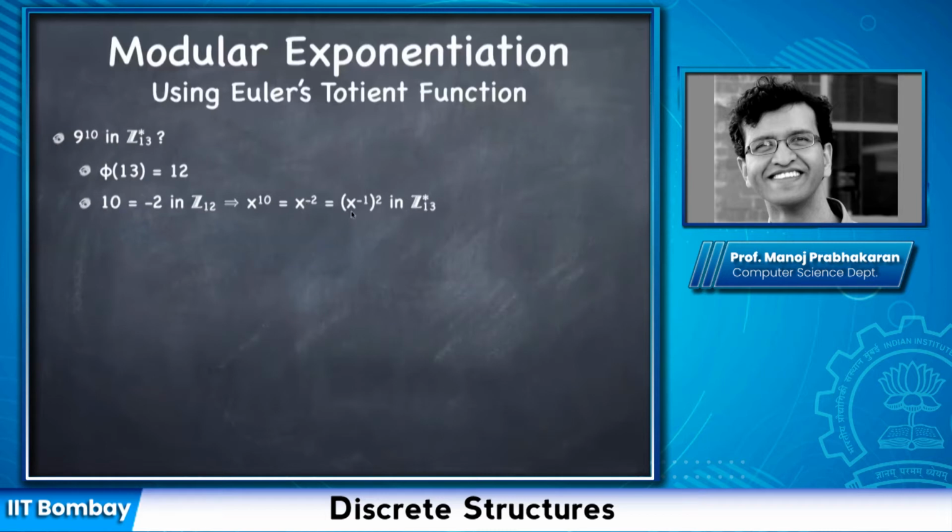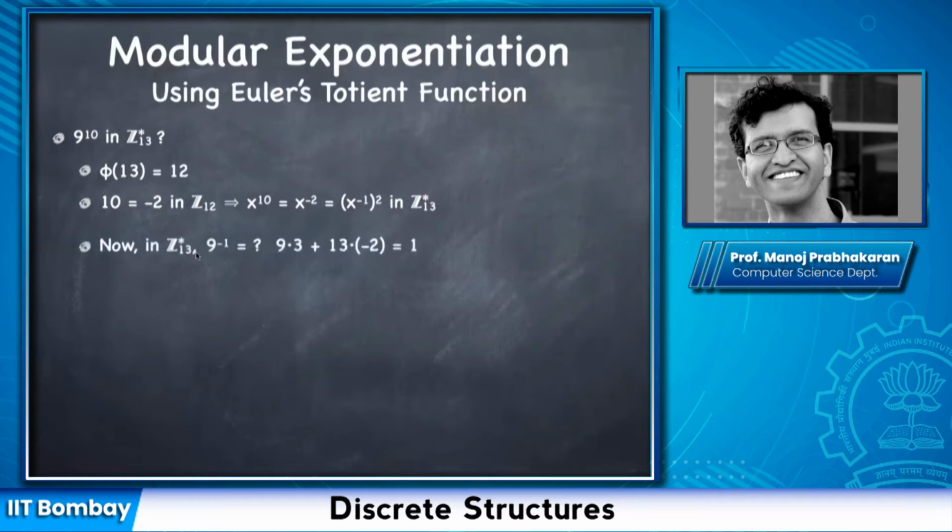X to the power -2 we have defined as x inverse to the power 2 in Z13 star. Right? So it's all well defined in Z13 star, and since my element 9 is in Z13 star, I can do this. All I need to do now is find 9 inverse and then square it. Now, what is 9 inverse?